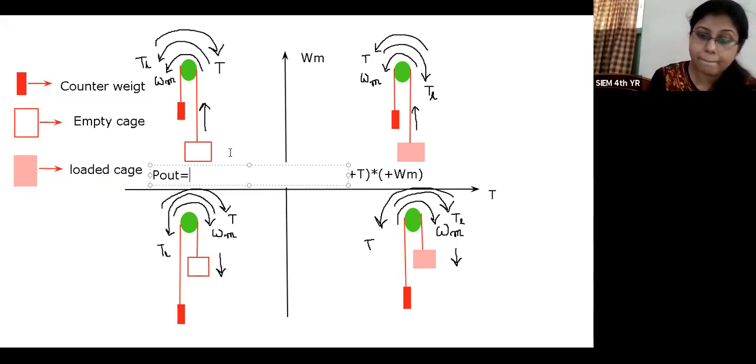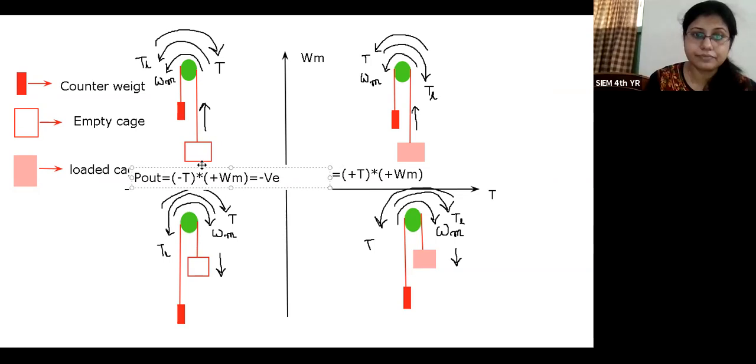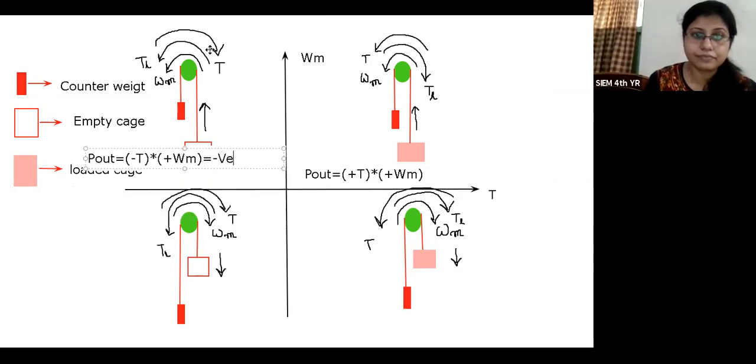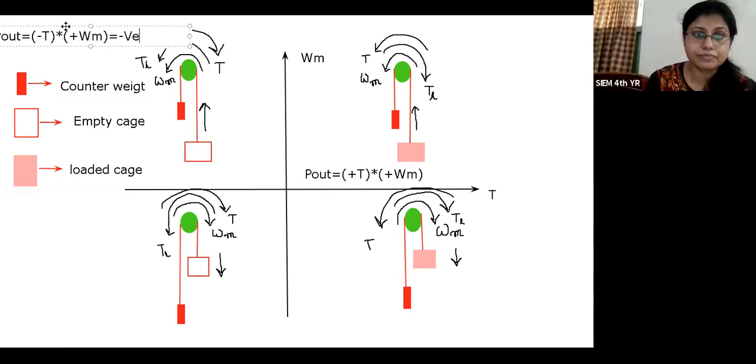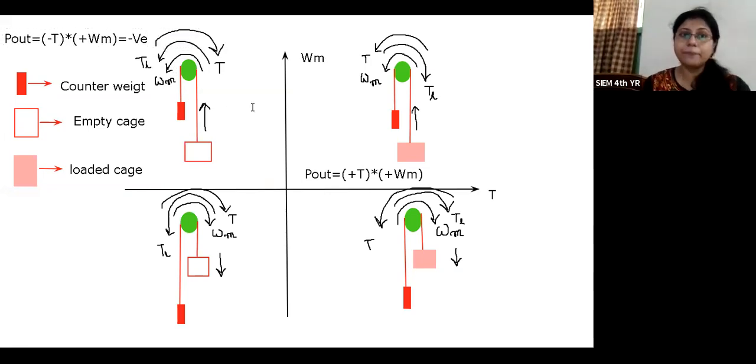So that means minus T into positive omega m. So obviously the output power is negative. Okay. So in the second quadrant, we can get negative power.